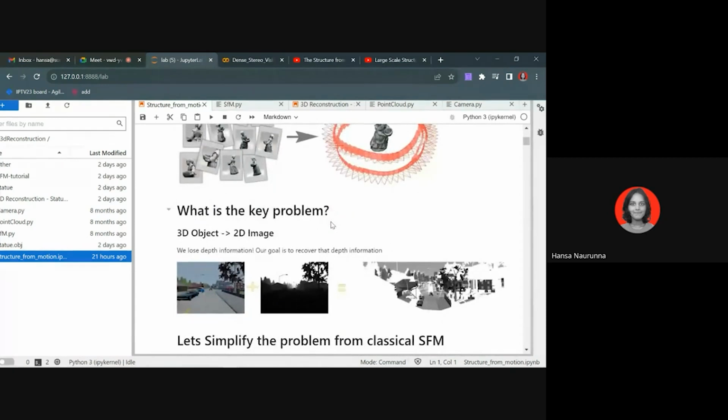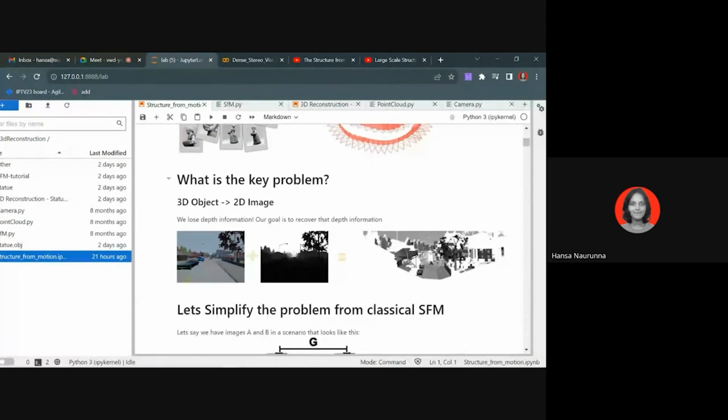So what is the key problem in going from the 3D world to the 2D world? The key issue is that we lose the depth information. When we take a picture of a 3D thing, all these light particles converge into one place and then get put onto a 2D plane.